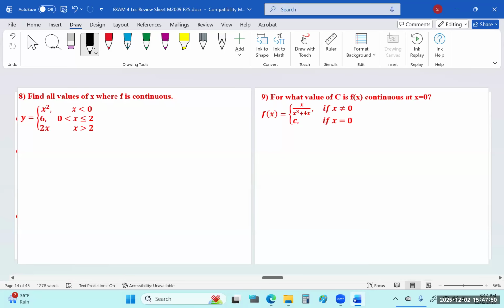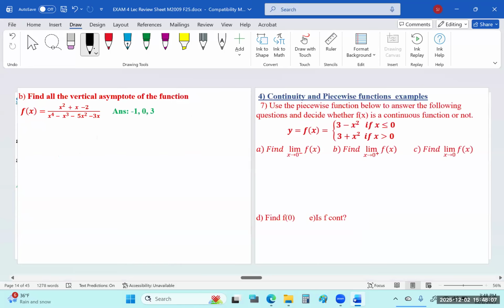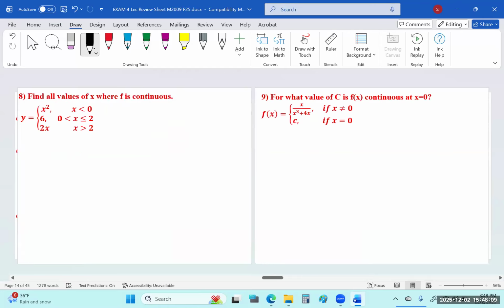If it's not the same number, then the function is not continuous because the limit doesn't exist. Okay? The left limit, right limit, and the y value, all three things have to be the same in order for a function to be continuous. So we are going to do these examples in our next class, and then we'll be done.